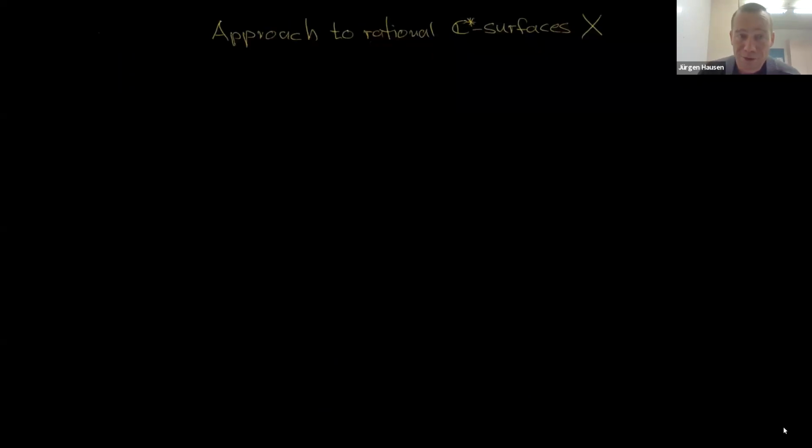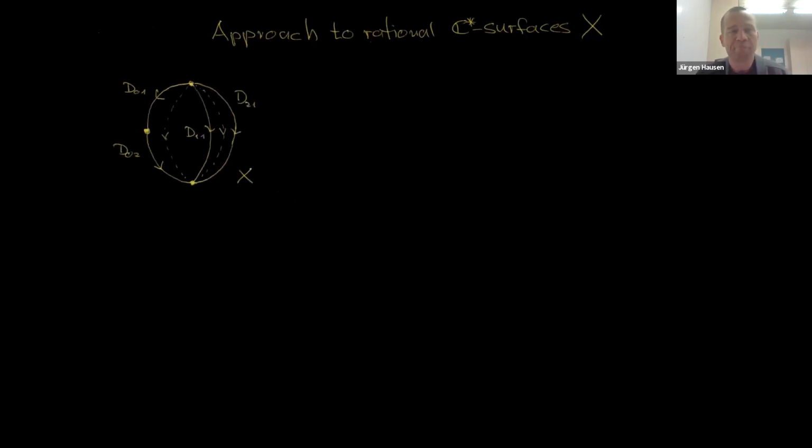What we use is the Cox ring based approach to rational C-star surfaces. So look, in this picture we again have a C-star surface X with above it its source. At the bottom we have the sink, and then we have these arms with the curves Dij.